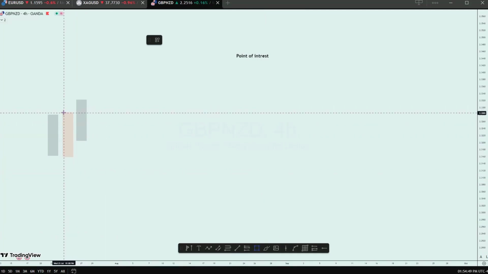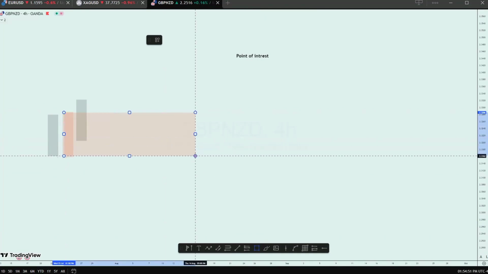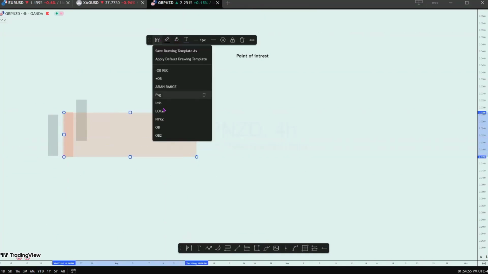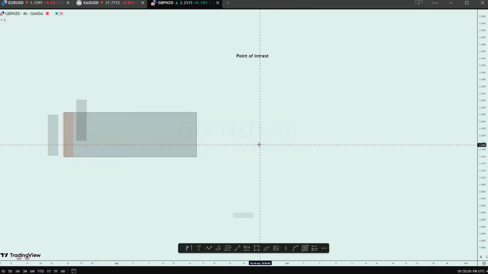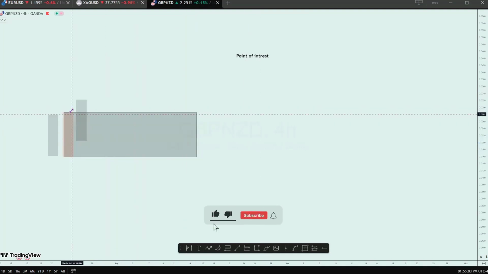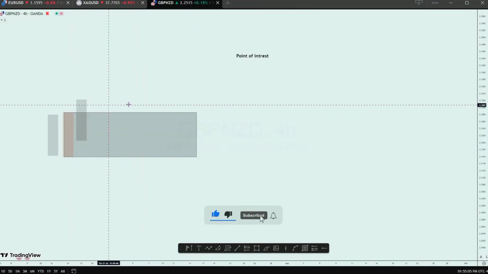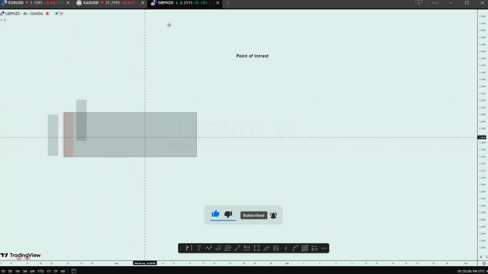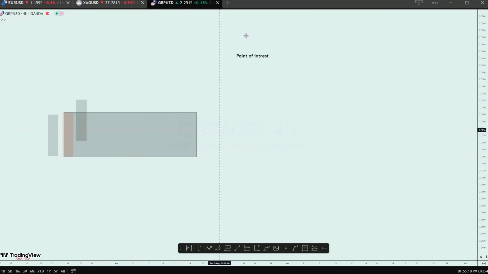This point becomes our order block. Price tends to return to this order block before moving to the upside.